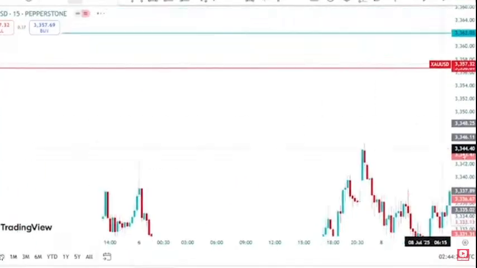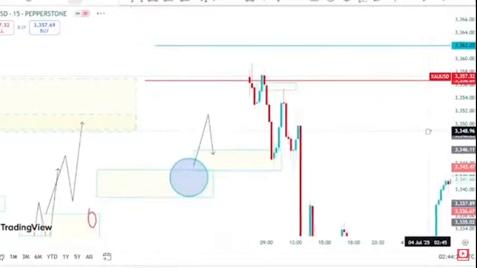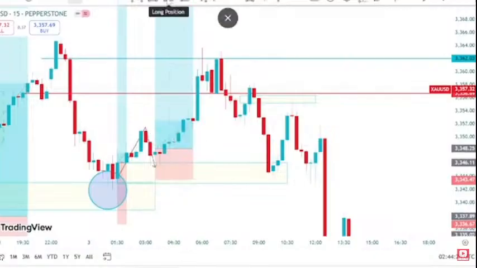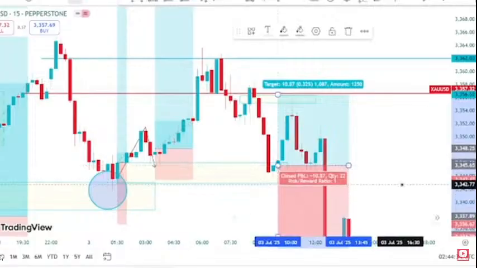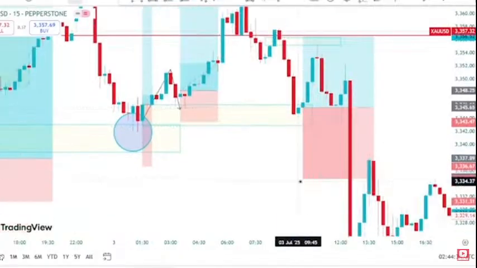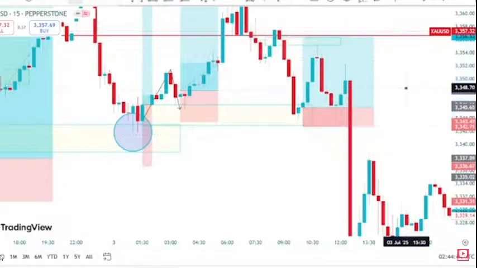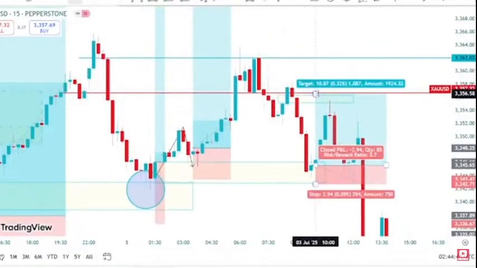Okay, let me check. Okay, so we closed from this candlestick, we entered from there. Okay, this was a trade also from this area, anticipating the target from this area.